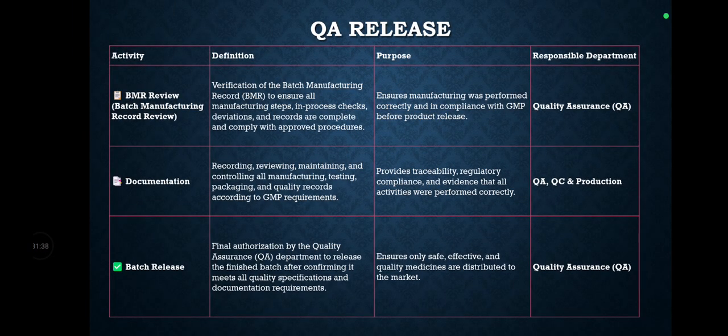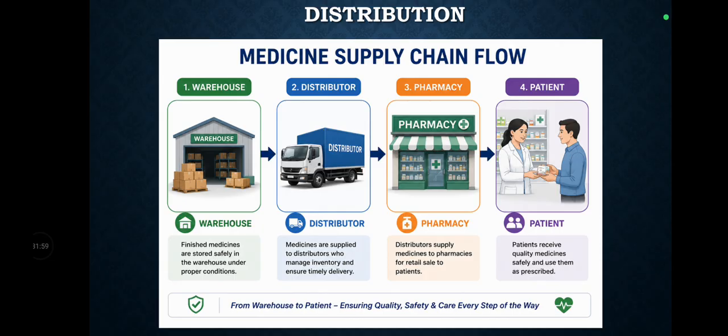So this is one of the most important points to be considered before release of the tablet. You must understand these activities, that is the BMR review, documentation, and batch release, before the release of the tablet.